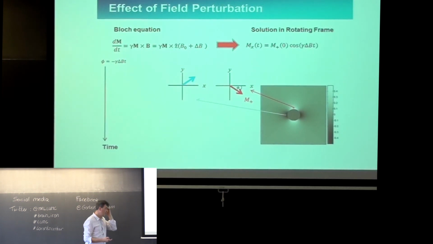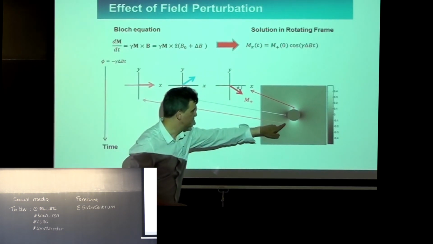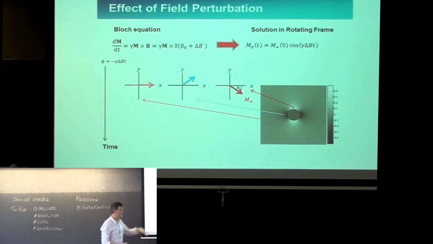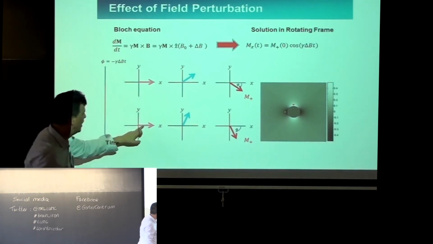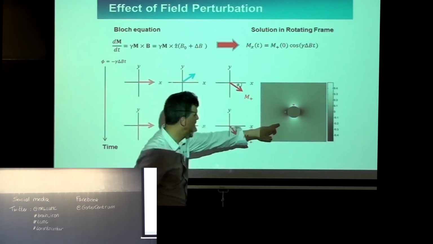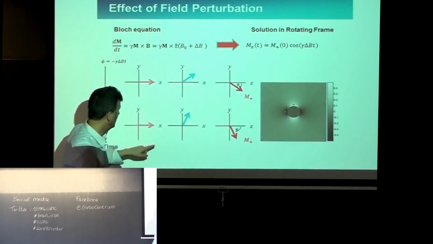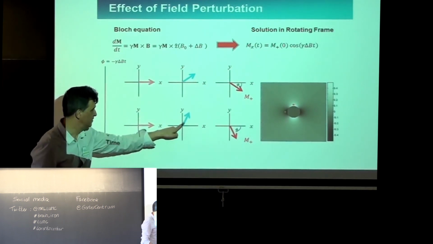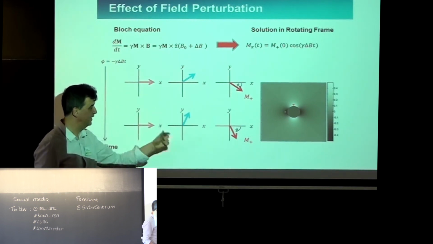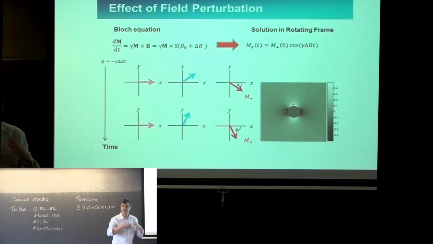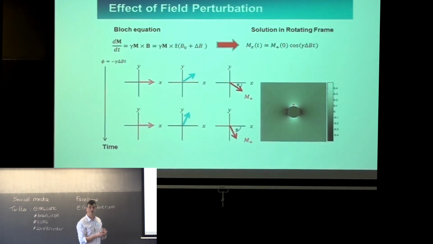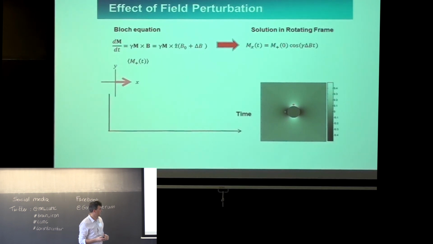It experiences a lower precession frequency, whereas something over here, which experiences no offset, just stays stationary in the rotating frame. So as time progresses, that effect increases, and when you add up the contributions of all these different signals, they'll tend to cancel each other out. So the element of this arrow pointing this way cancels the element of the arrow pointing that way. And so the signal reduces as a result of the effect of the field inhomogeneity.